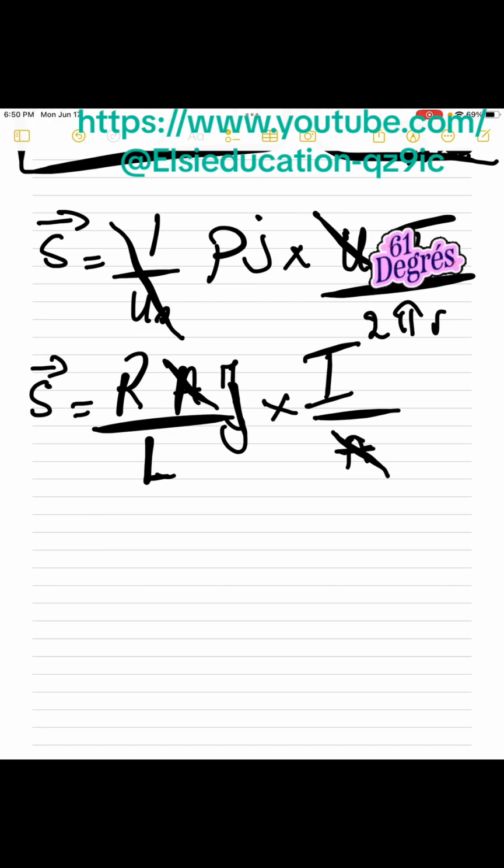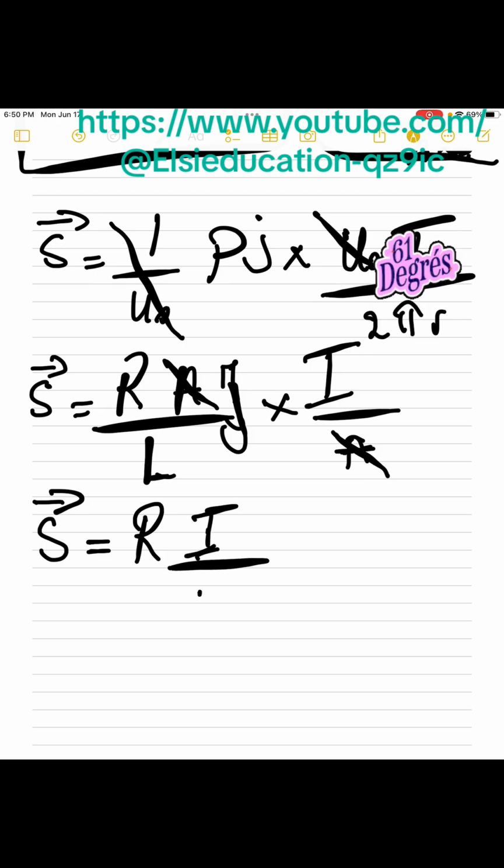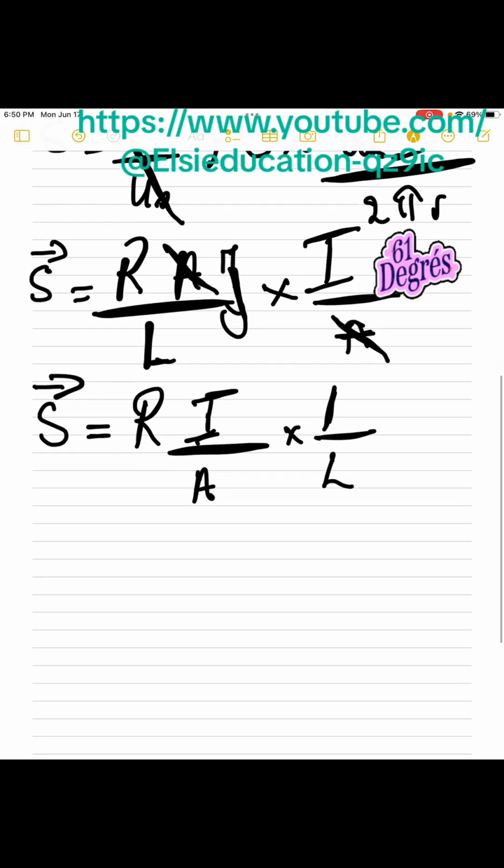What are we left with? The Poynting vector is equal to the resistivity, density is equal to current divided by the area, multiplied by the current divided by length.